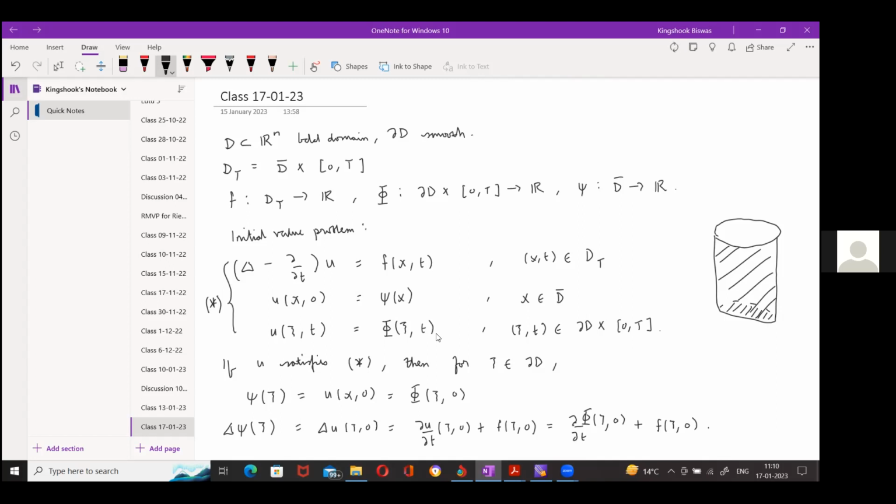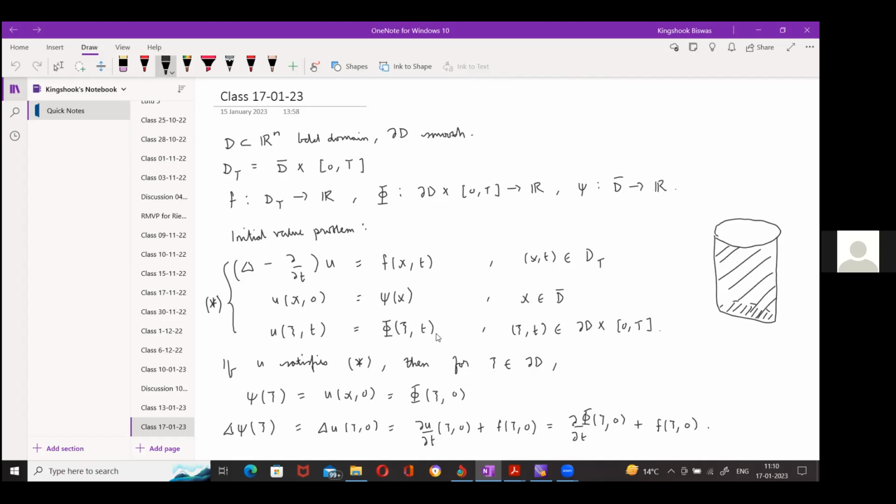that is, the bottom union the vertical sides. Therefore, by the parabolic maximum principle, it is less than or equal to 0. And then you consider minus u, minus of the same solution. That will also be a solution to the heat equation, where the boundary conditions on the parabolic boundary are also 0. So minus u will also be less than or equal to 0. So you will get u is equal to 0.